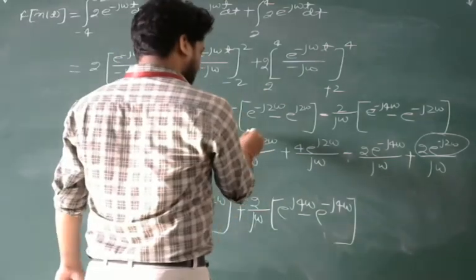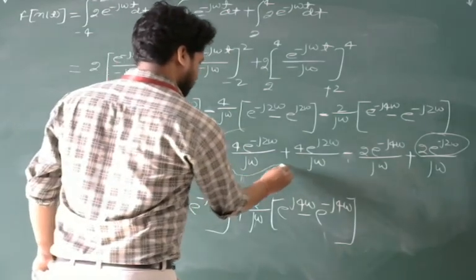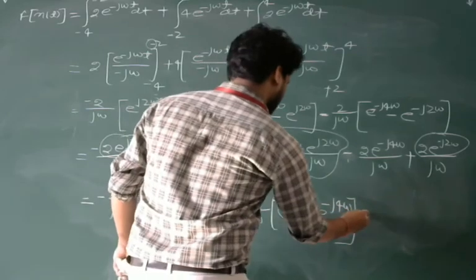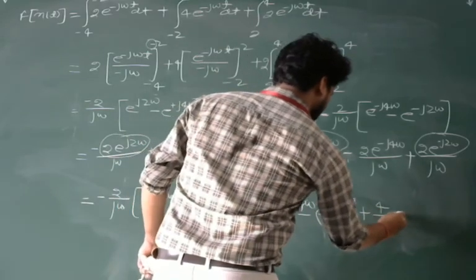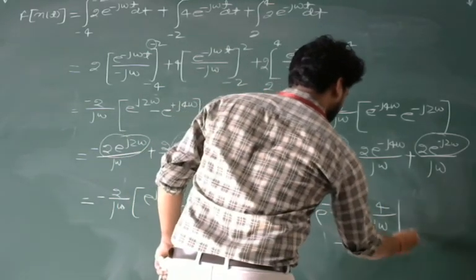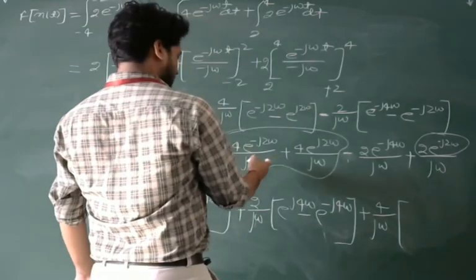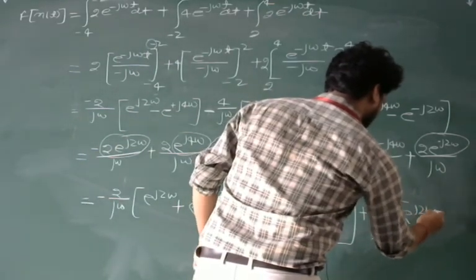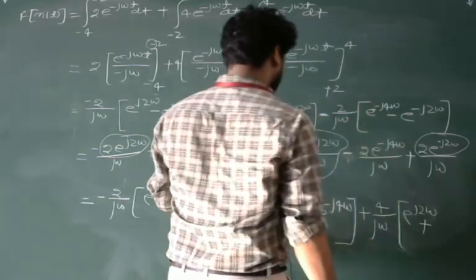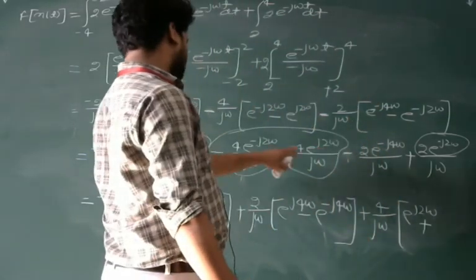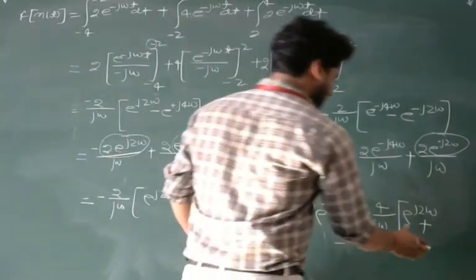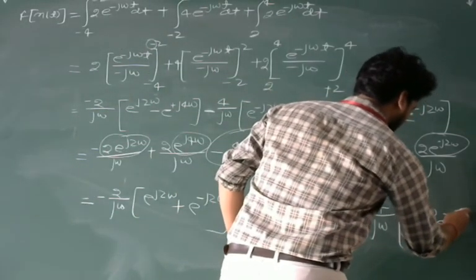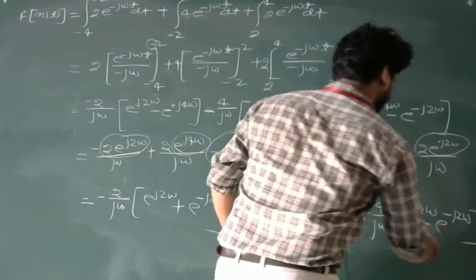Now we are left with these two terms, 4 by j omega plus 4 by j omega, e power j2 omega plus e power j2 omega, minus e power minus j2 omega minus e power minus j2 omega.